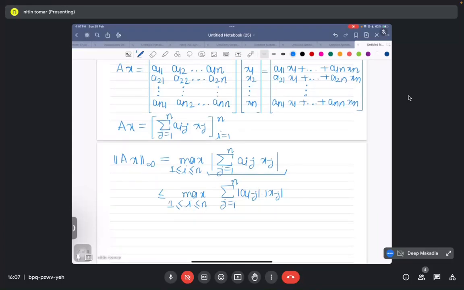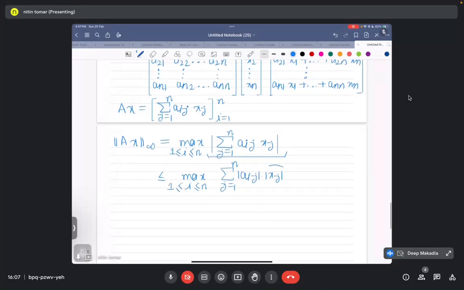Now each of these mod xj is less than or equal to its infinity norm, by the very definition. And what remains is the maximum of mod a_ij, j varying from 1 to n, and i varying from 1 to n. Am I correct?